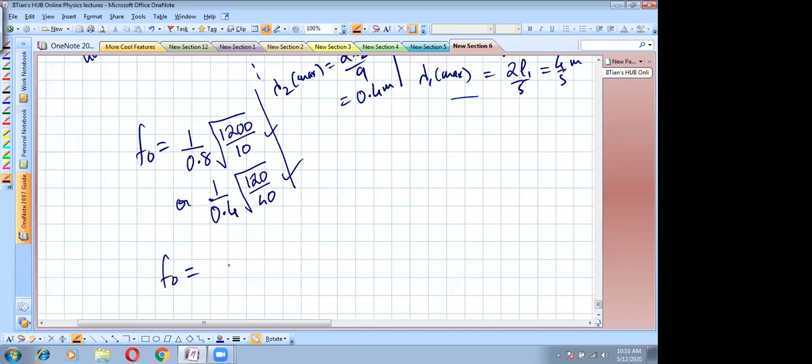And the value of that fundamental frequency is 5 by 4 into 2 times square root 30 hertz.